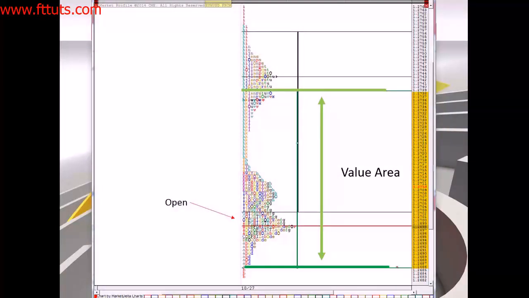All right. So if in fact we have all this data, as we do in this case, we have a profile in front of us, and the profile shows us where the open is for the session. And once again, this is a session of the Euro US dollar.